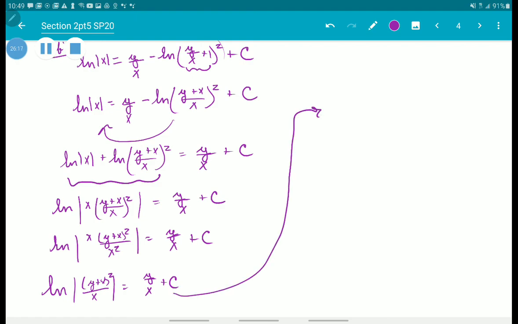So now we can rewrite this as an exponential. So we have e to the y over x plus c. All that's in the exponent is equal to y plus x squared over x. I can rewrite this as e to the y over x times e to the c.